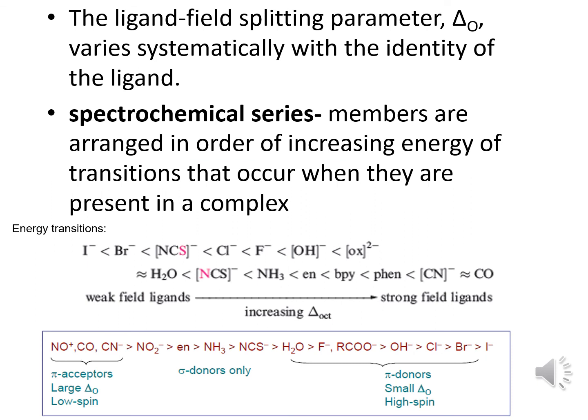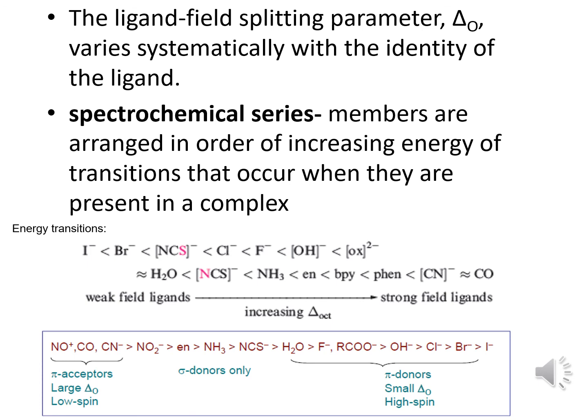By now, you would know that delta O varies systematically with the identity of the ligand. And they also follow what we call the spectrochemical series, wherein the members are arranged in order of increasing energy of transition that occurs when they are present in the complex.